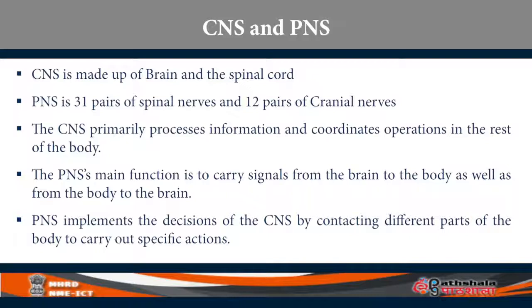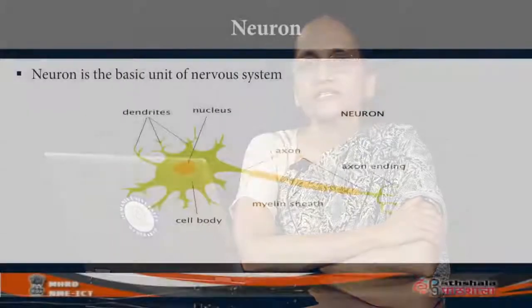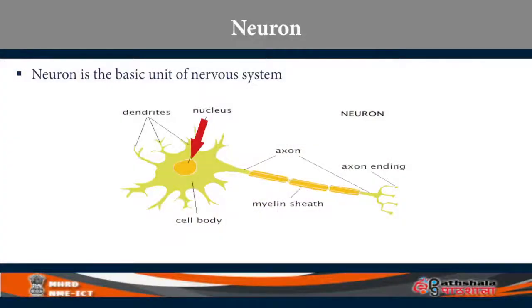And of course, the function we are going to concentrate on is speech and language, but one is also talking about running and moving and writing and reading and various functions. The figure you see on the screen illustrates the structure of neuron, which is the basic unit of nervous system. The neuron has a nucleus and a cell body.